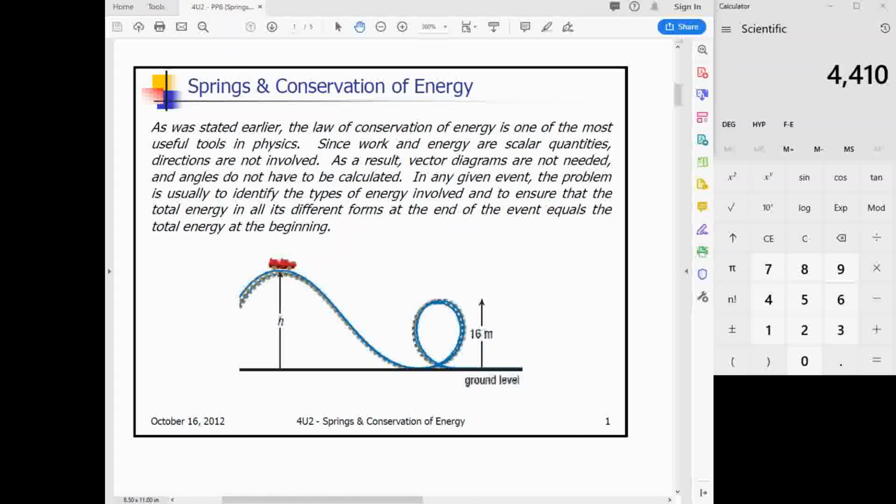We don't need to draw vector diagrams. We don't need to calculate angles. We can end up determining things with these absolute magnitudes of work and energy, and we can use those to find out what our speed might be or our height might be after a certain interaction.